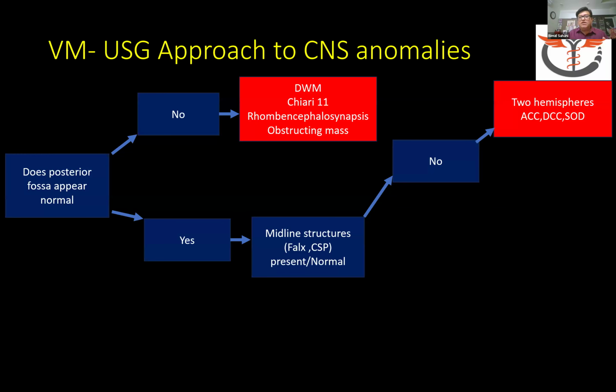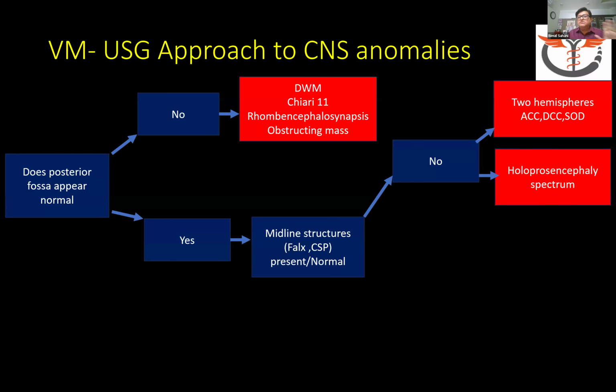If they are not normal, then I look at whether two hemispheres are seen. If two hemispheres are seen, then we'll look for the ACC or corpus callosal dysgenesis or septo-optic dysplasia. And if there are no two hemispheres, there is a communication between the two sides, then I'm going to think on the holoprosencephaly spectrum.